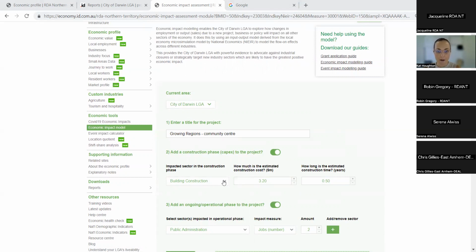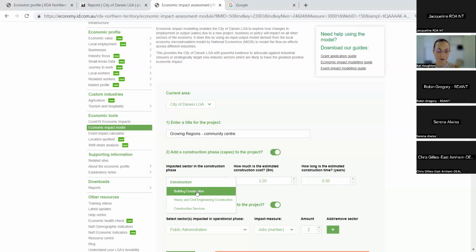Yes. So in smaller communities, I would just use the construction tab. Okay. What it is is they just carry a higher multiplier, like heavy and civil engineering construction would carry a little bit higher multiplier. And that's just because it's higher wages, things like that. So building construction is really if a council's doing a residential development, we would use building construction.